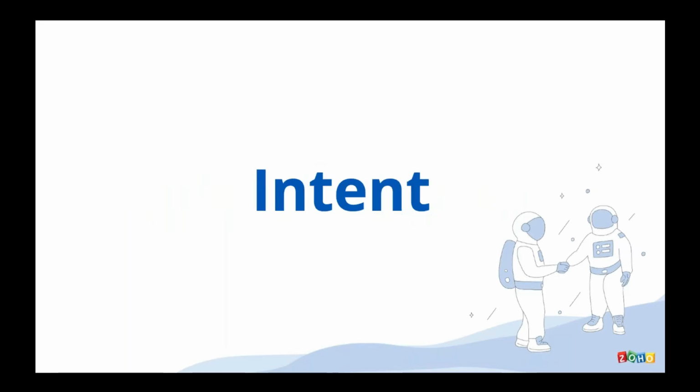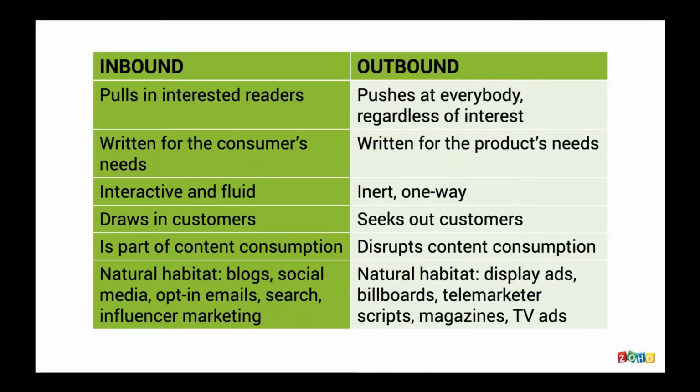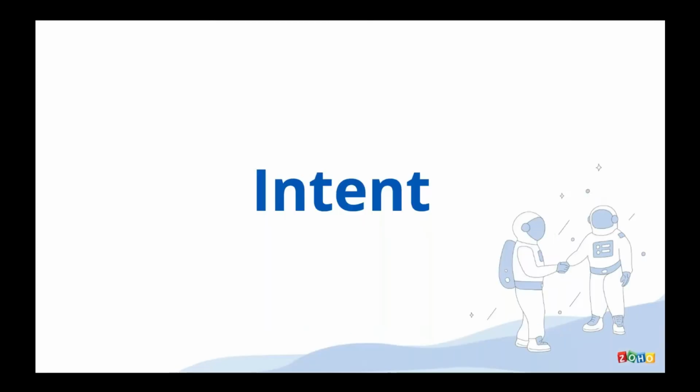Okay. Now, what is the primary difference between inbound and outbound marketing? Even though I have also put out a complete tabular column, it all boils down to one thing, which I would call intent. For example, today is Valentine's Day, and I'm pretty sure that people are searching for gifts for their loved ones. Let's assume that your dear one is a gamer, someone who likes Xbox, PS4, PlayStation, and all that.